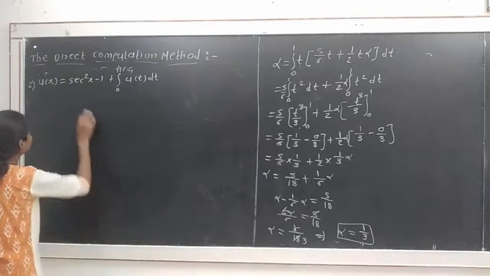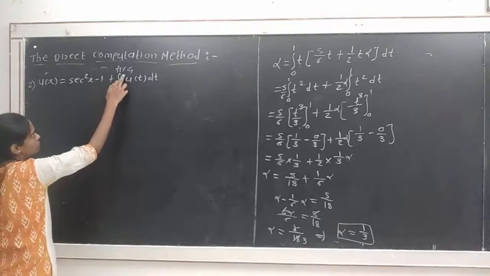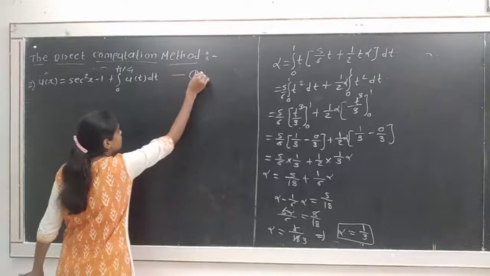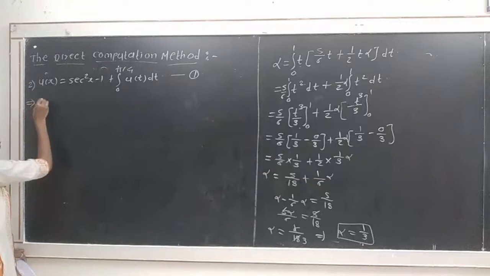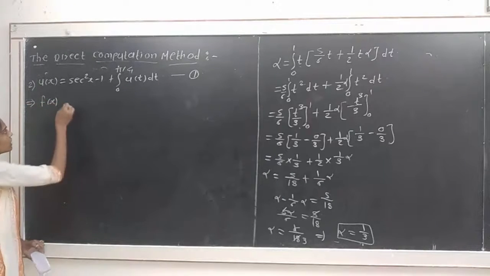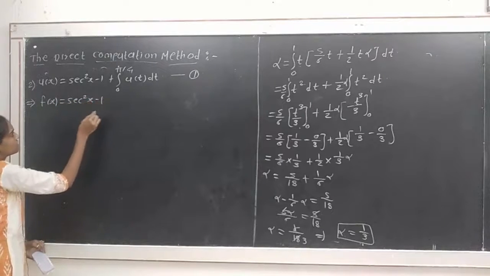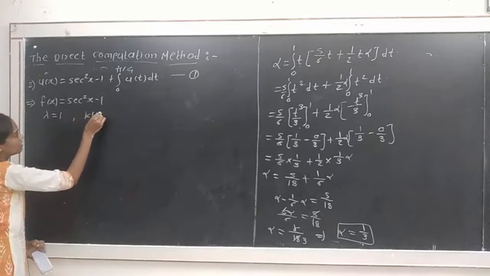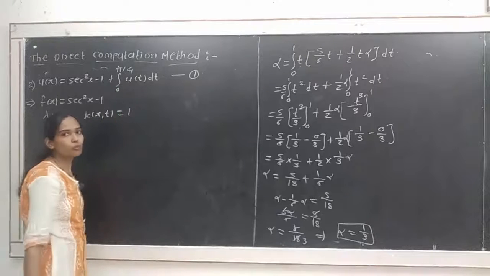Next example will be u of x is equal to sec square x minus 1 plus integration from 0 to pi by 4 of u of t into dt. Take it as equation number 1. Okay, then here if we compare this equation with the standard form, then we get f of x function will be sec square x minus 1, lambda will be equal to 1, and kernel, see here, kernel will be equal to 1.